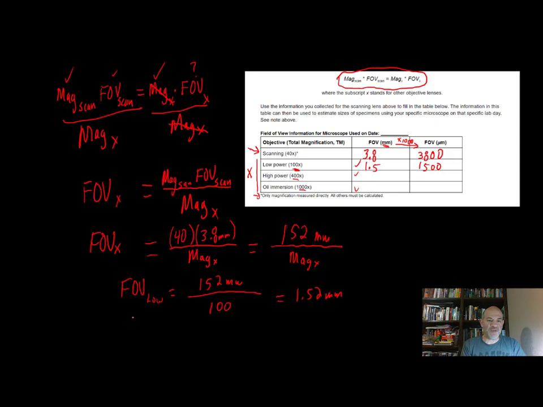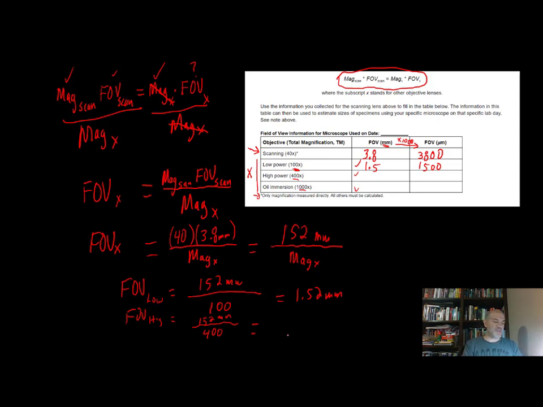Now, if I'm going to do this and continue to do this, I can do this for field of view, for high powered, and then for low power. And all I'm going to do is I'm going to change the bottom. So I'm going to take the 152 and instead I would divide by 400, and then take the 152 and then divide by 1,000 for the next one. So doing this for the next one would be 152 millimeters for high powered, and I'm going to divide by 400 instead.